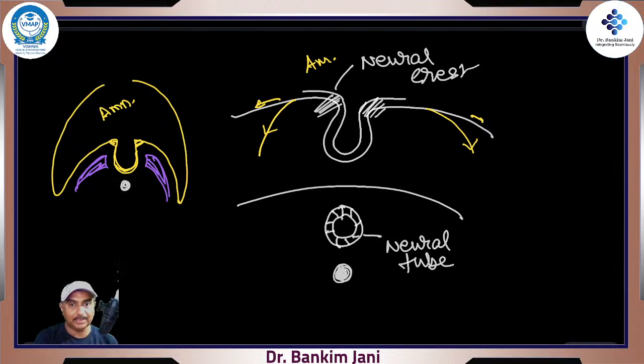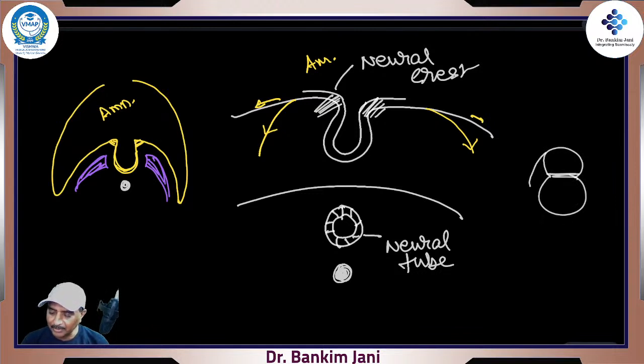Notochord. So what would really happen to the yolk sac? Now the yolk sac is changing its shape, right? Previously it was just like this. Now this is how we were drawing that this and this was the yolk sac. But think of when this side goes down, so the yolk sac will start compressing, right? So the yolk sac will go something like this.